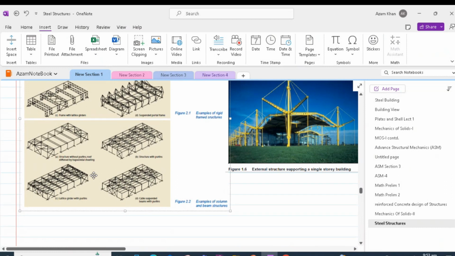Besides rigid frames, we can have examples of simple beam and column sections where we don't use any portal connection. We just have simple pin connections joining beams and columns. In the case of a simple beams and columns arrangement, we have to introduce additional bracing to stabilize the whole structure.